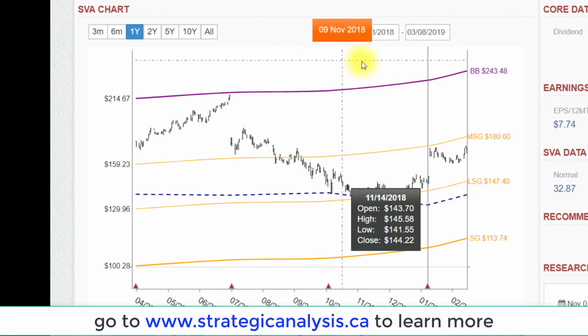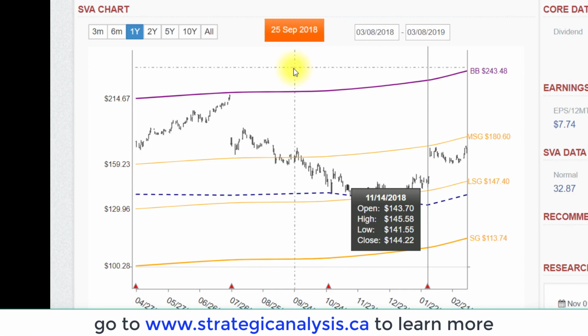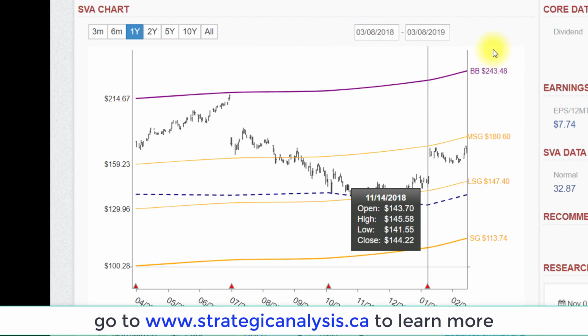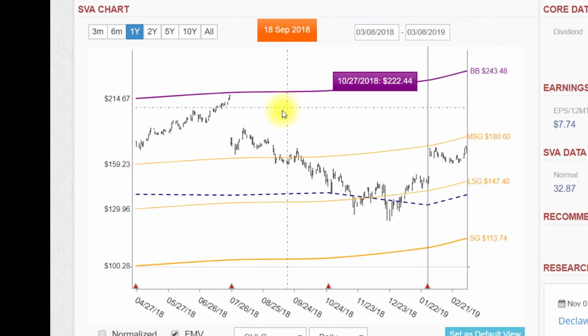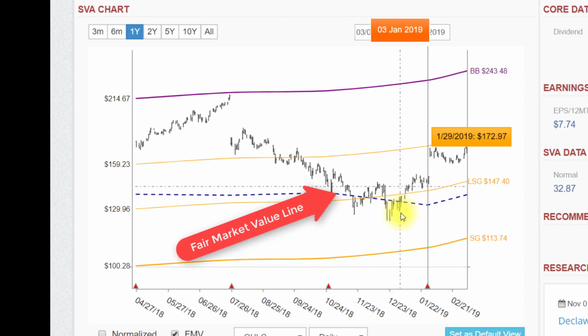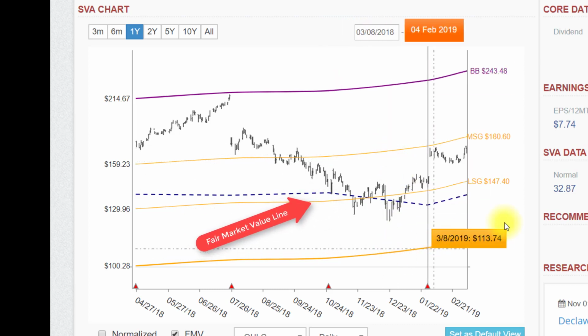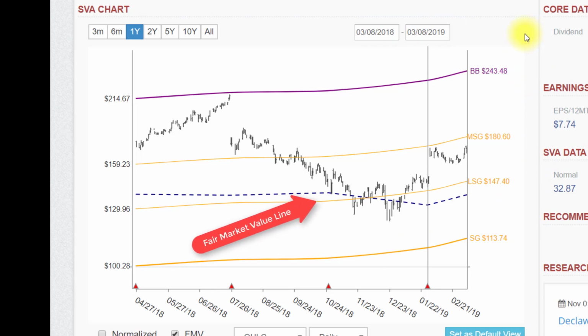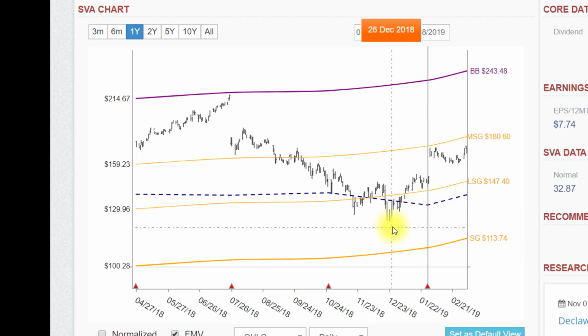It did not hold, however, at the MSG price, which is 5.5 times book value. It traded rather sloppily around that breakpoint, then fell to another breakpoint, traded rather sloppily, and I think would have come all the way down to what we would assume to be its natural bottom, its super growth price at 3.5 times book value, but the market then turned right in here and has pulled the stock back up again.